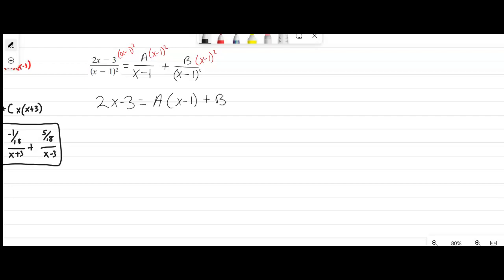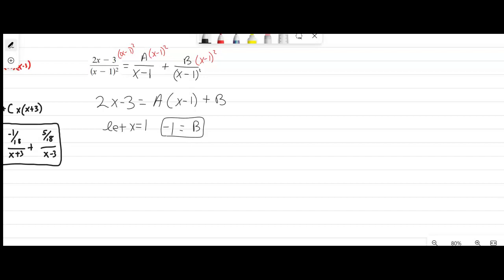Just b, because that all goes bye-bye. So now we're going to go and say, hey, let's just randomly let x equals 1 for fun. And that leaves us with 2 minus 3, which is negative 1, equals 1 minus 1, which is 0, times a is nothing, plus b, which is just b. So, hey, looky there. We know what b is.